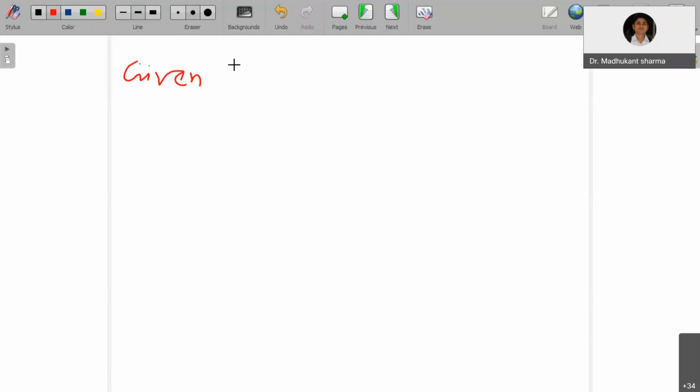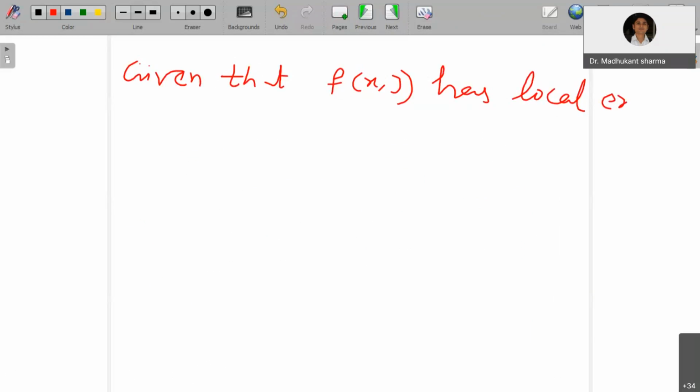Let me give you the flavor as well. Given that f of x y has a local extremum, either minimum or maximum, at the point a comma b, and a comma b is an interior point.